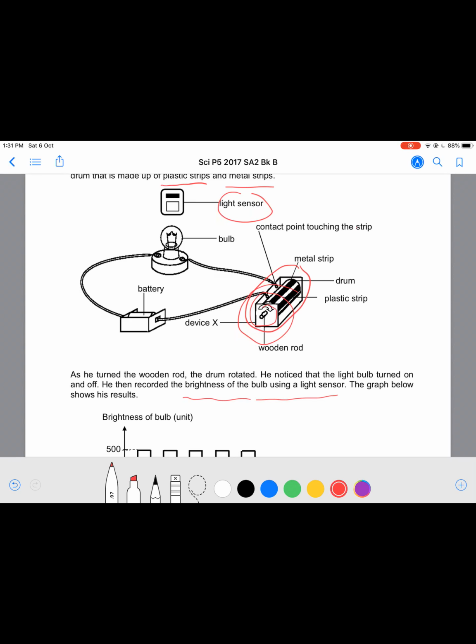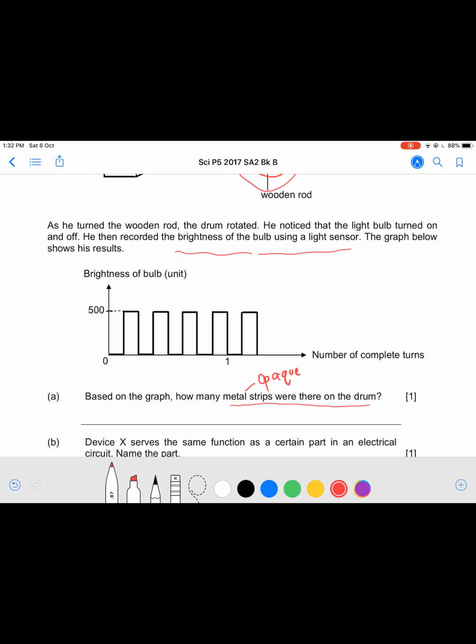So the question is, based on the graph, how many metal strips were there? Metal strips would mean that it is opaque, as well as it is a conductor of electricity.